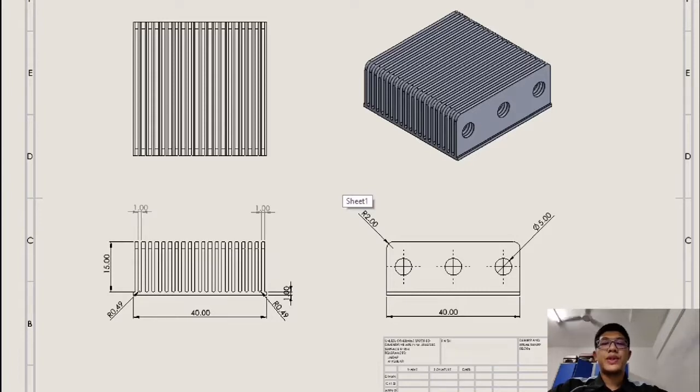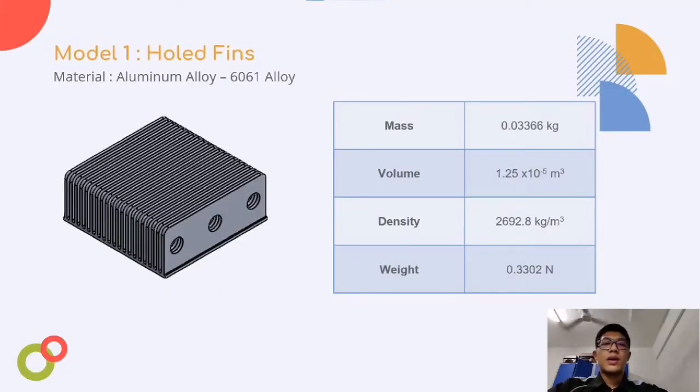This is to ensure the total surface area can be increased. The material that we use to build this heatsink is 6061 alloy, which is aluminium alloy.